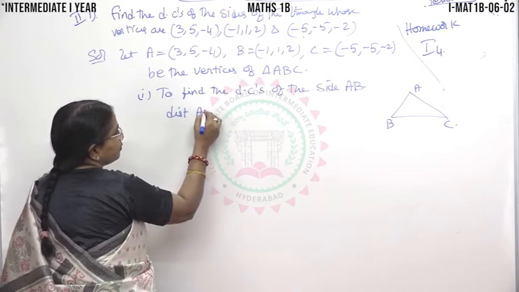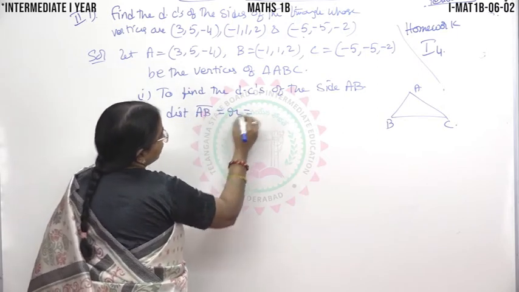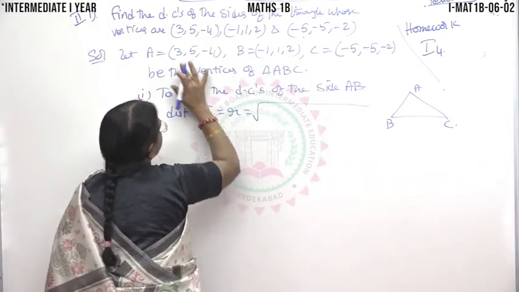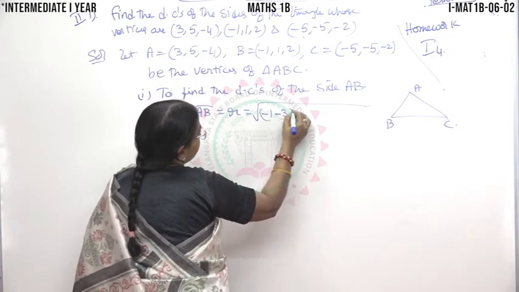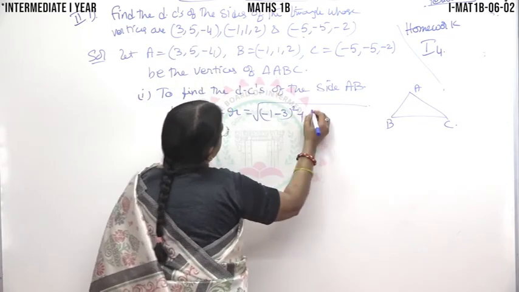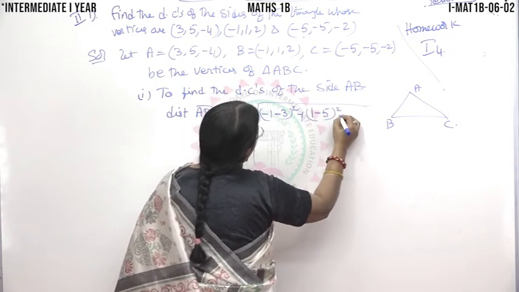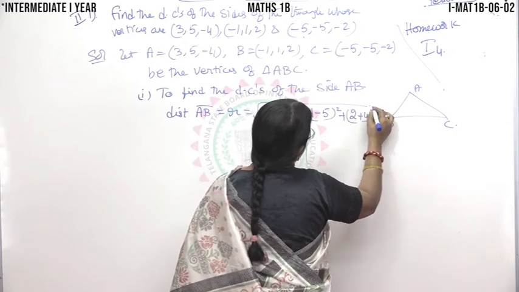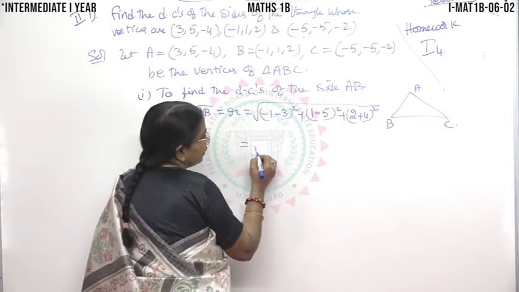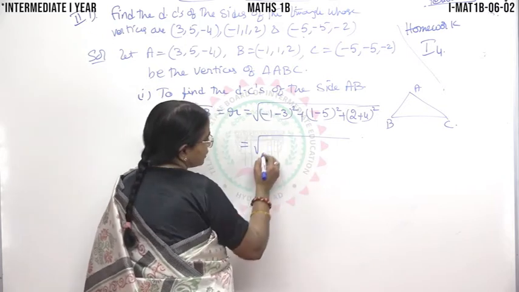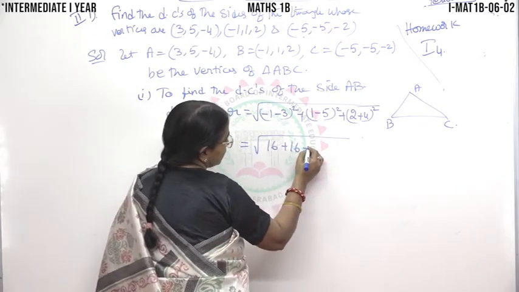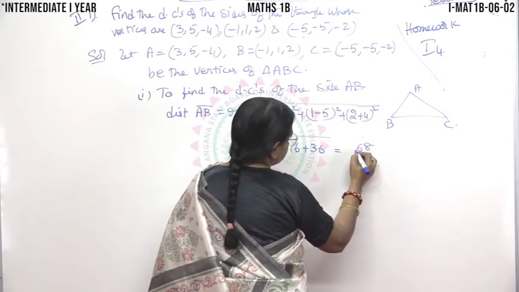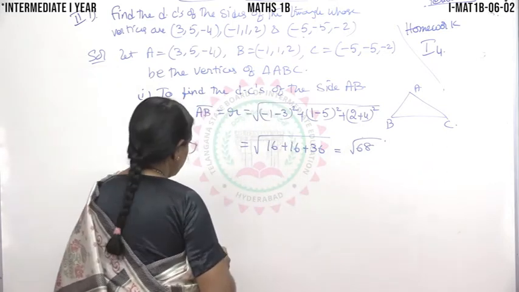So the distance AB is R. What is the distance AB? Root of x2 minus x1 whole square, it is minus 1 minus 3 whole square, plus y2 minus y1 whole square, so 1 minus 5 whole square, plus 2 plus 4 whole square. So how much is it? Root of 16 plus 16 plus 36, which is 68. So it is root 68.